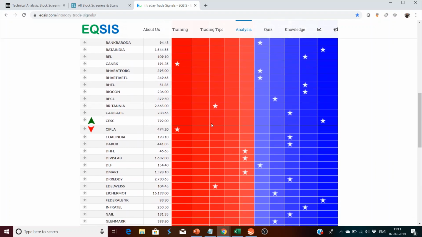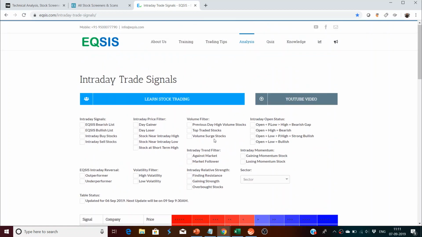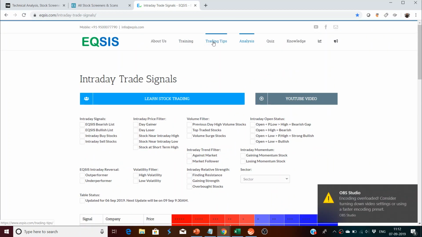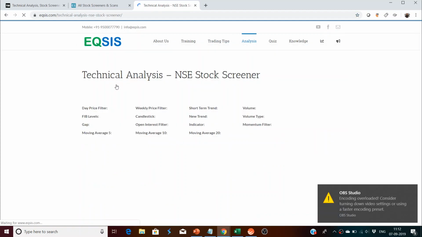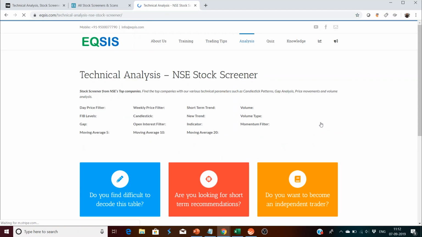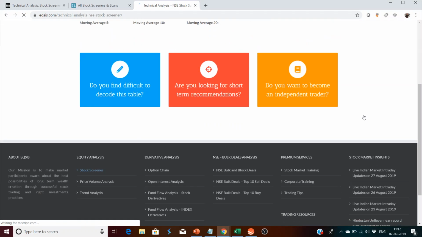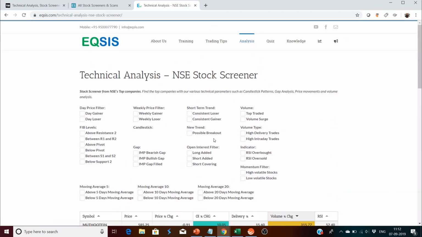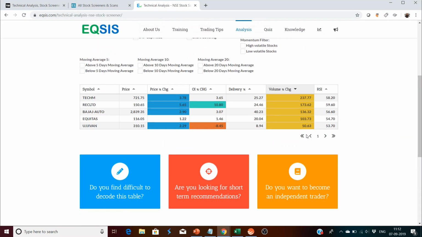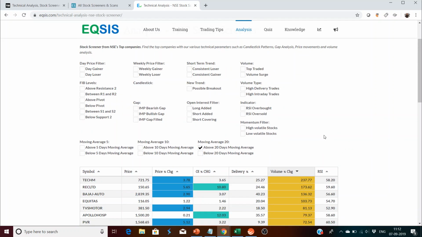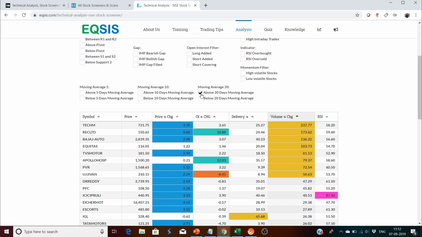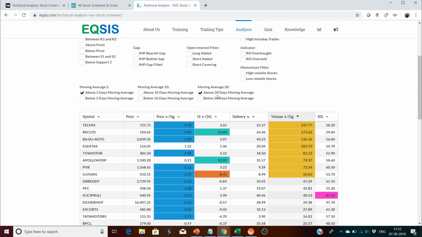So like this, you have to find stocks on an intraday basis, and there are also end of the day screeners, so you can check this. You can say possible breakout: Techem, REC, Bajaj Auto, Equitas, Ujjivan. Or you can say above 20-day moving average, above 5-day and above 20-day.